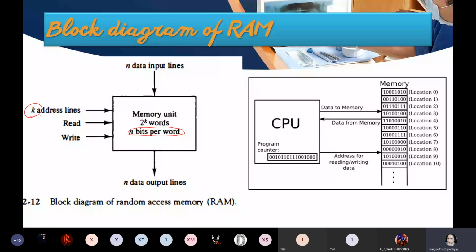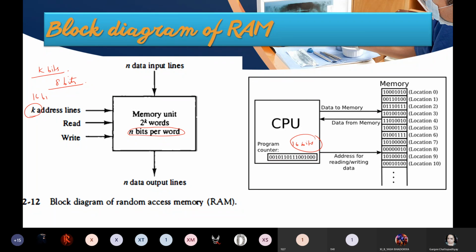Then there are k address lines, that is, k bits are used to represent one address. If I take 16 bits to represent one address, 1, 2, 3, 4, 5, 6, 7, 8, 9, 10, 11, 12, 13, 14, 15, 16, then 16 bits are used to represent one address.